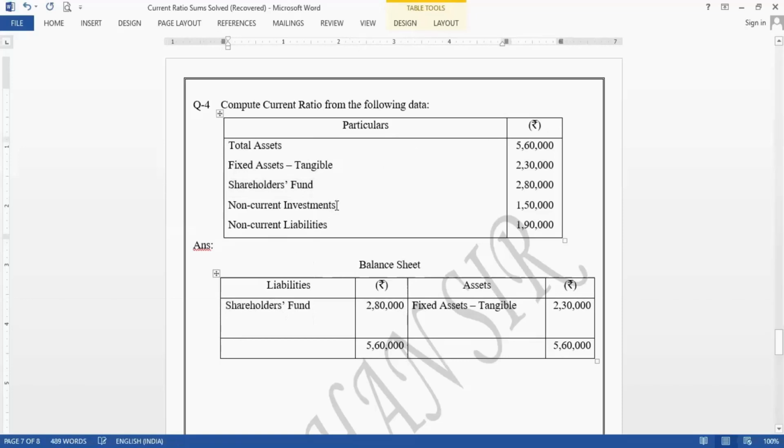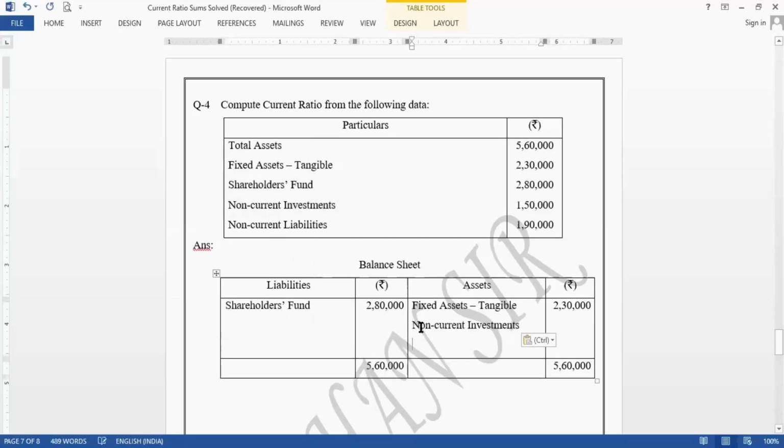Non-current investment is the next amount, so let me place it on the asset side. The amount is 1,50,000. Non-current liabilities is the next amount given to us. Let me place it on the liability side with the amount as 1,90,000, right?